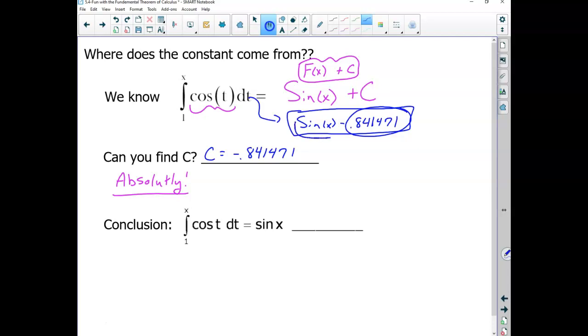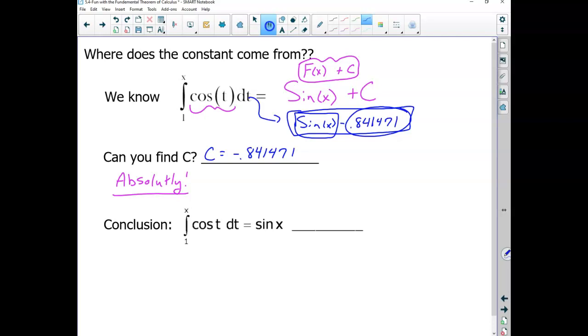And the first part right here is the algebraic antiderivative of the cosine t dt evaluated at x. So the c value is actually the algebraic part of the antiderivative minus the algebraic part evaluated at a. What the heck am I talking about?